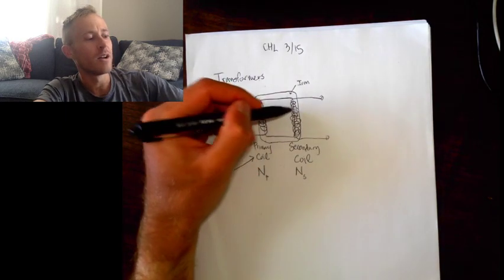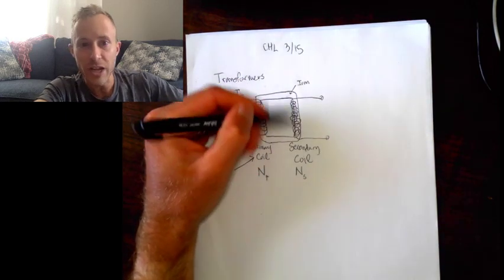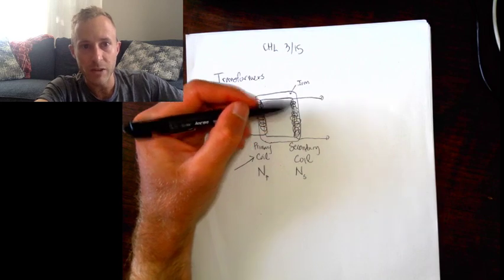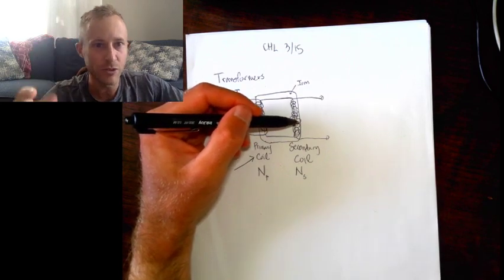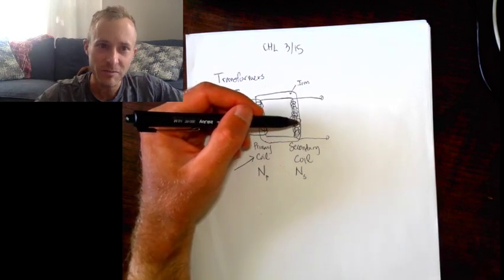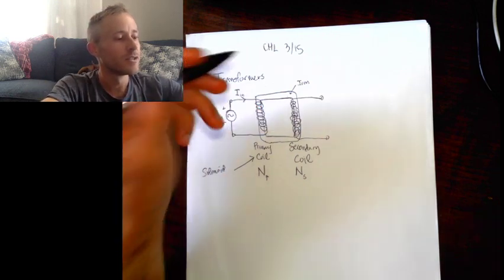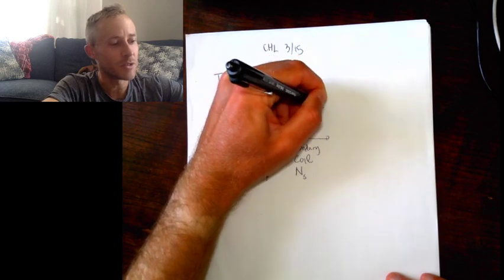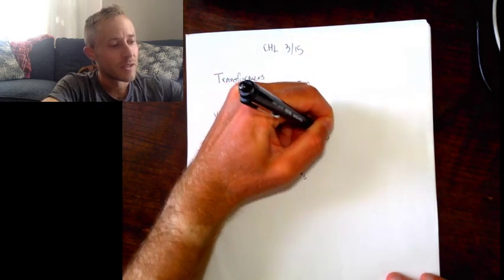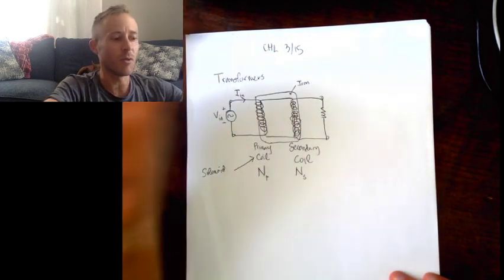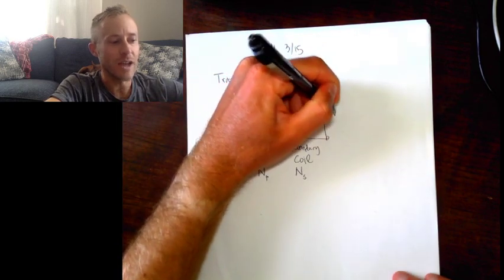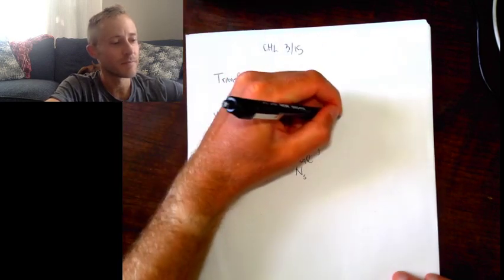So you have a magnetic field that is changing for the secondary coil, which is going to induce a voltage, according to Faraday's law of induction. So if you put a resistor here, it's going to experience a voltage, which I'll call V out. Okay?